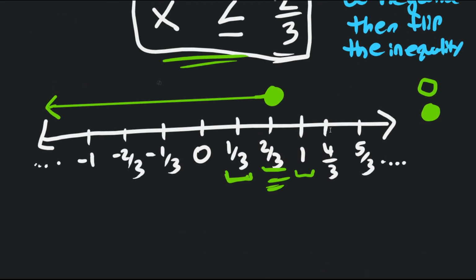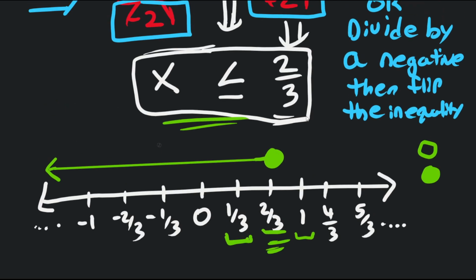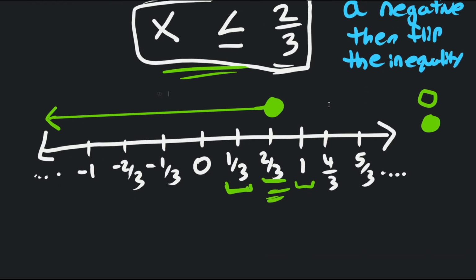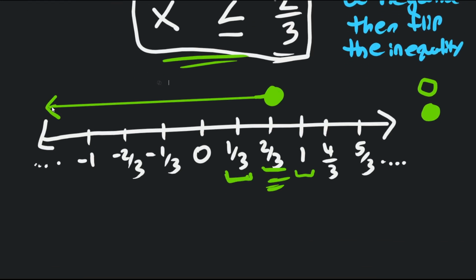And let's also talk about interval notation. So x is less than or equal to 2/3. How do I represent this using interval notation? So right here, as we could see on our number line, what's the lowest possible value that this could be? Well, if I go all the way to the left of this number line right here, it looks like the arrow goes forever to negative infinity.